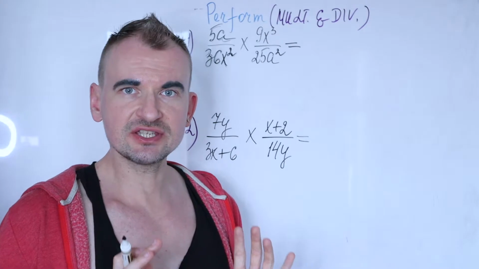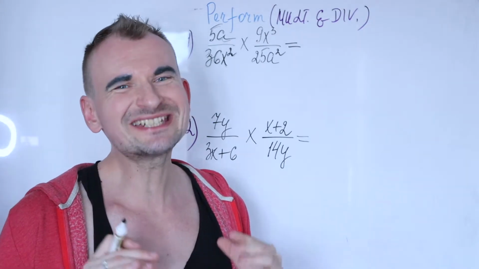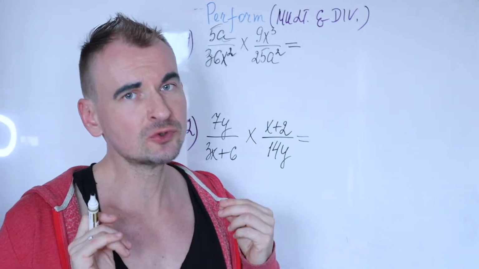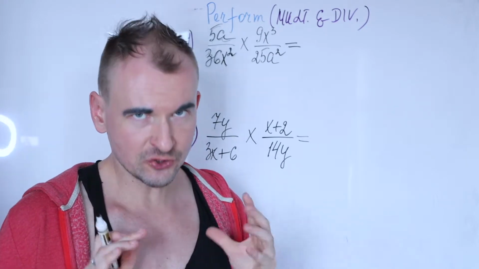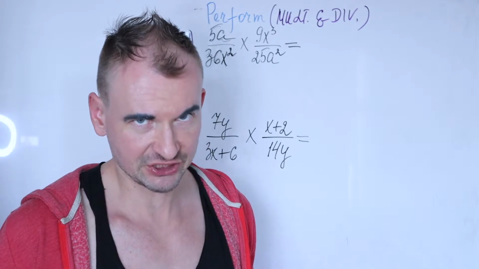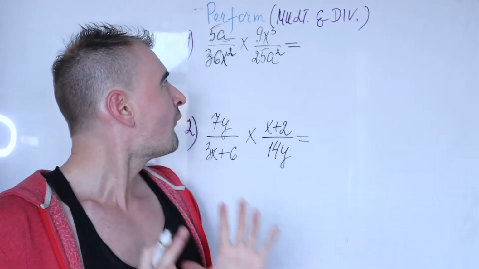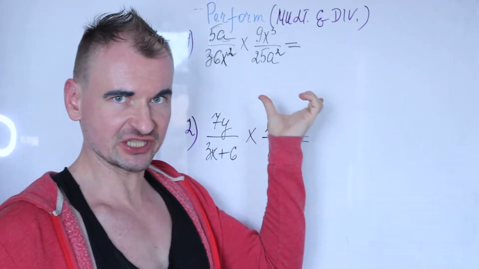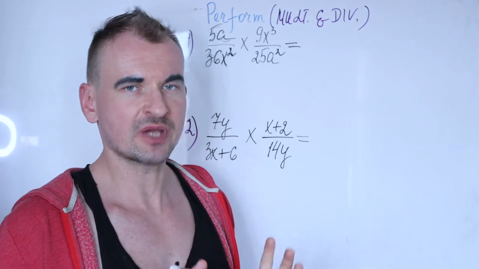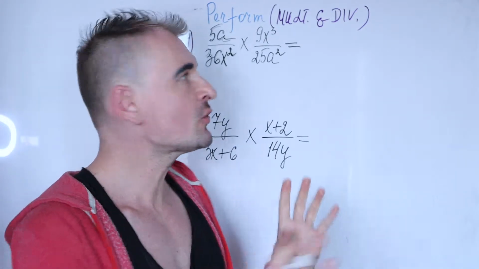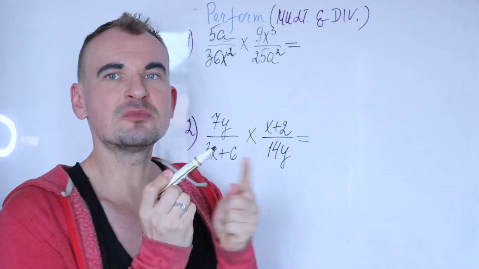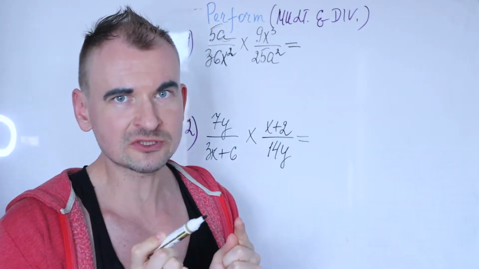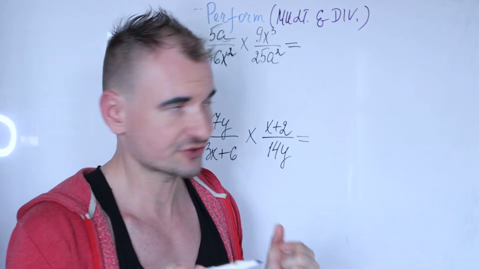Now, as a good rule of thumb, multiplication and division can be treated as we would normally treat numerical fractions. So for multiplication, you multiply tops straight across and you multiply bottoms also straight across.